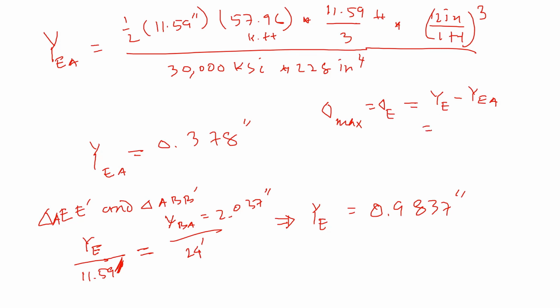So if I do that, it's going to be minus 0.378. So I found 0.61 inches. All these numbers are reasonable because for a 30-foot long beam, if it only deflects about 1/2 inch max, that's a reasonable number. So that is one answer. And then the free end deflection we calculated before.